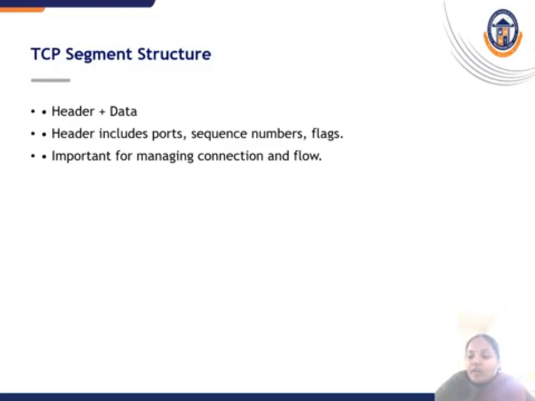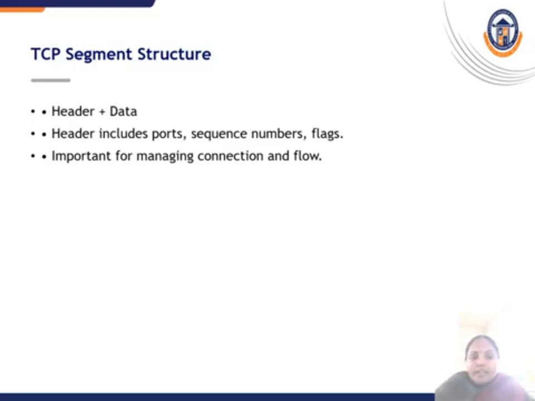It acknowledges the client's synchronization and sends its own ISN. The third one, acknowledgement. The client replies with an acknowledgement of the server's synchronization. At this point, the connection is established and data transfer can begin.